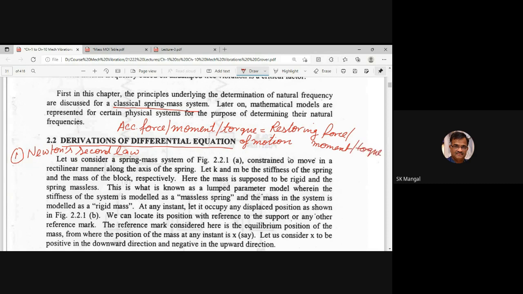I will use this equation for Newton's second law.